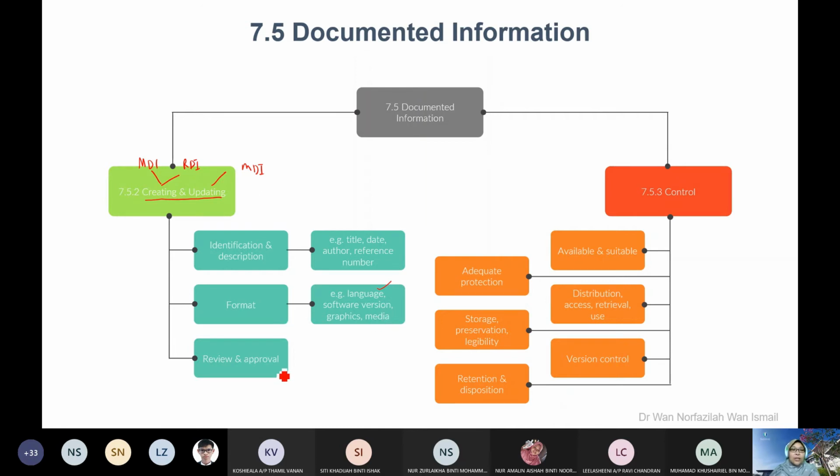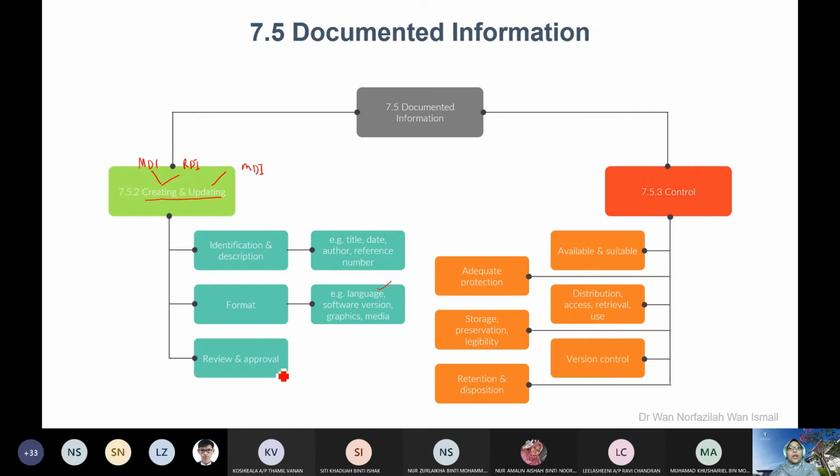Review and approval. Once you create the records or other than records, someone needs to review and approve the documented information. If you are working in a lab, you have a lab manager. So the lab manager will review your lab report and approve.